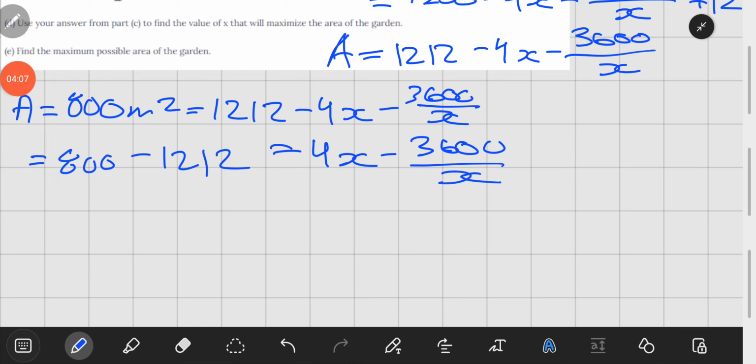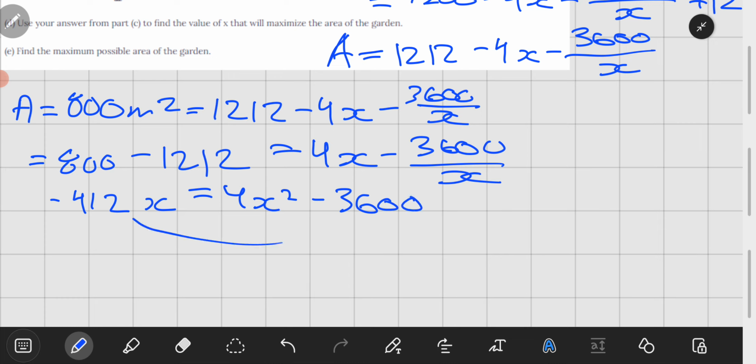Continuing on, we can do the subtracting here, and then multiply all terms, both sides, by x, so that we get negative 412x, equal to negative 4x squared minus 3,600.